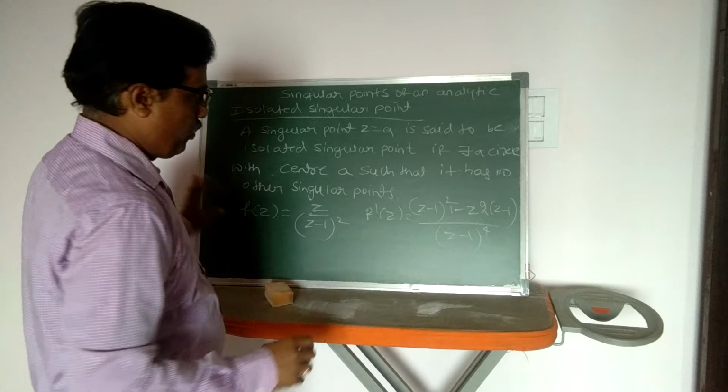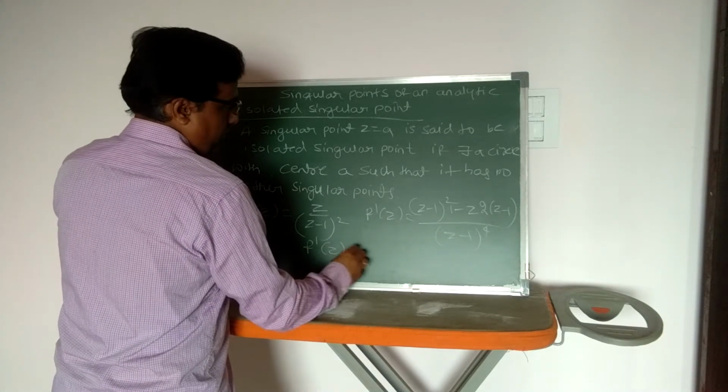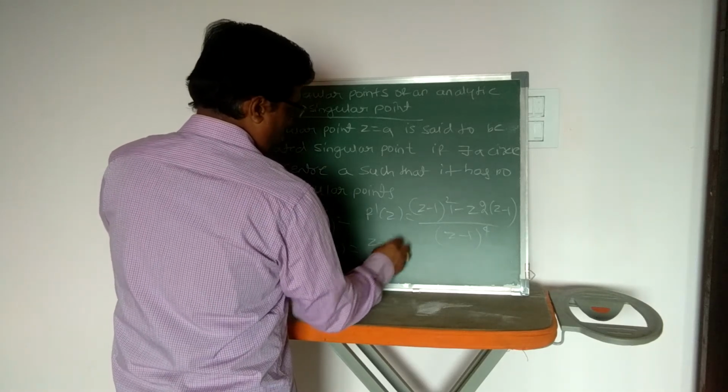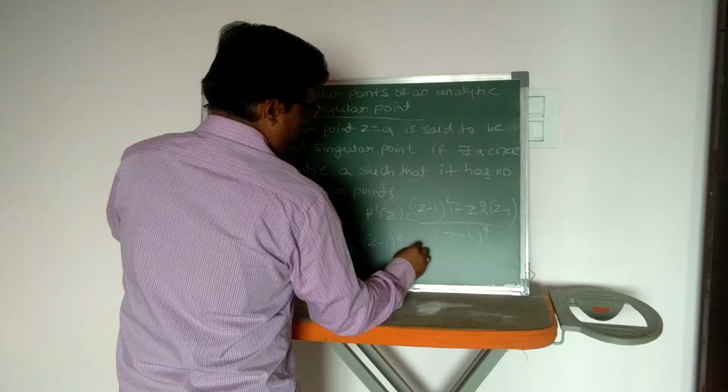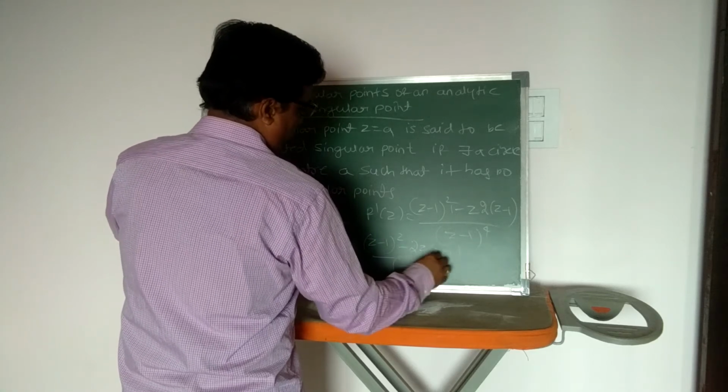So f dash of z is z minus 1 whole square minus 2z into z minus 1, divided by z minus 1 to the power 4.